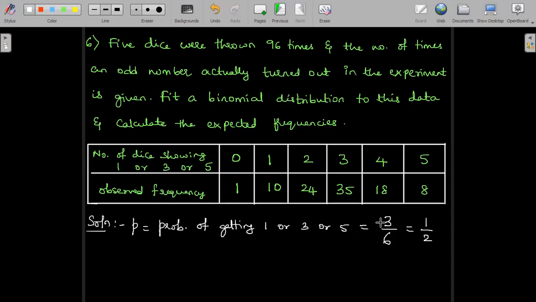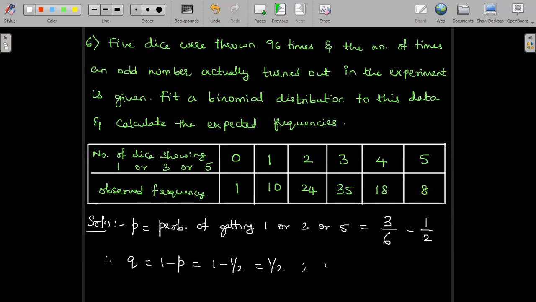Since we are talking about 3 choices, numerator is 3. Means we are interested in 3 cases, and possible outcomes is 6 for a die. So 3 by 6 gives us 1 by 2. So P is equal to 1 by 2. So Q will be 1 minus P, and that gives us 1 minus 1 by 2, which is 1 by 2 again.